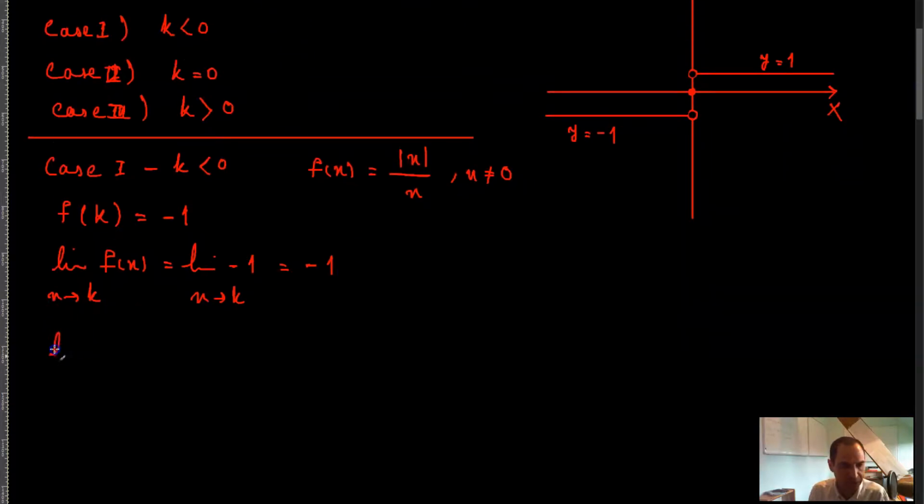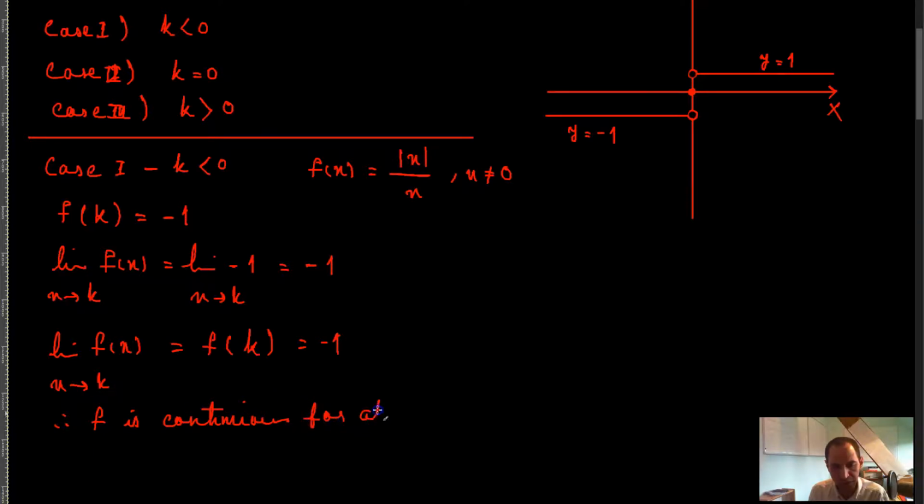So the limit of f of x as x tends to k is equal to the value of the function f of k, which is negative 1, and therefore f is continuous for all k less than 0.